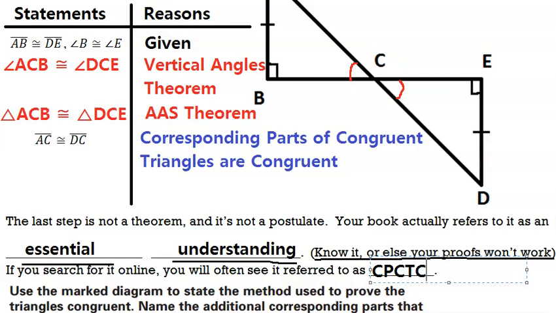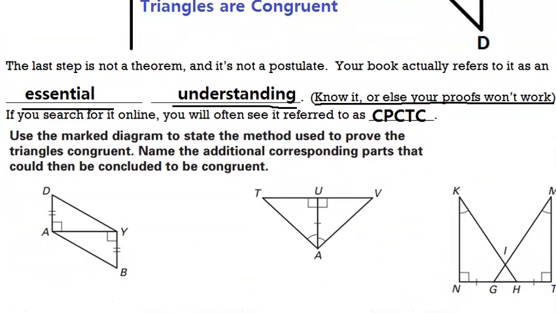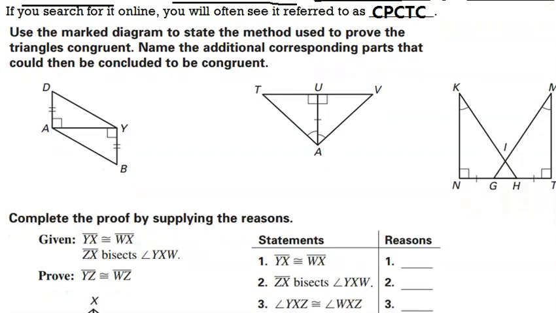If you take all the capital letters that I just wrote, you get CPCTC. That is pretty much common knowledge abbreviation. It's something that geometry people around the world, or at least around this country, will recognize.